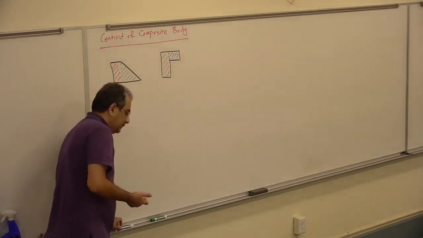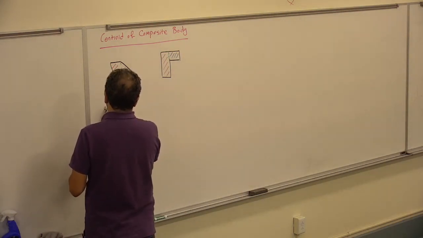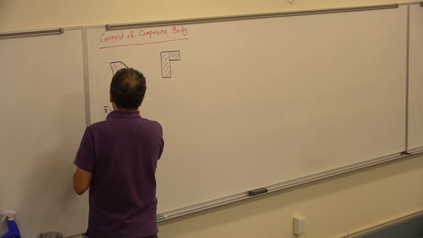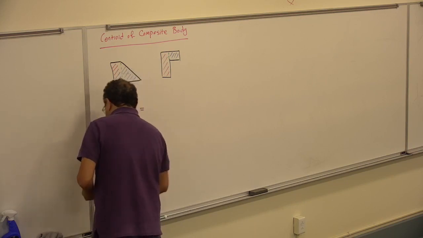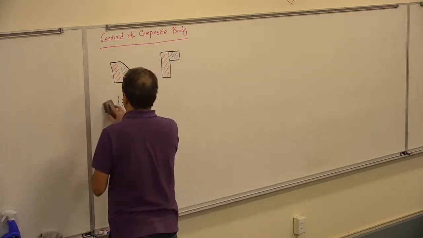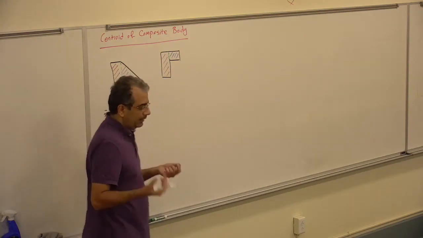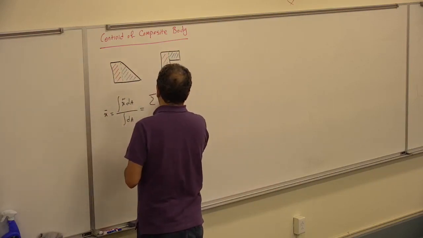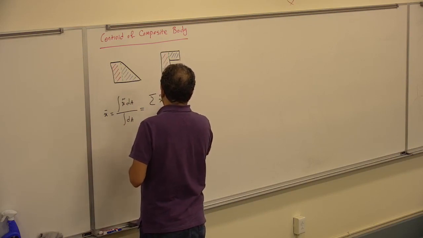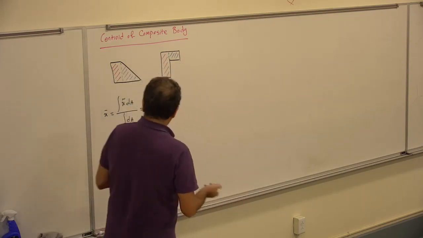So basically, if the area I'm given, I can break it into shapes that I know their centroid, the equation that we are using is going to change. So if I have x bar is x tilde dA divided by dA, I can replace that with the sigma. So it's going to be sigma x tilde A divided by sigma A. And the same here for the y.